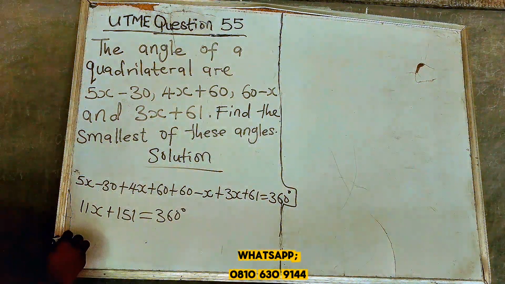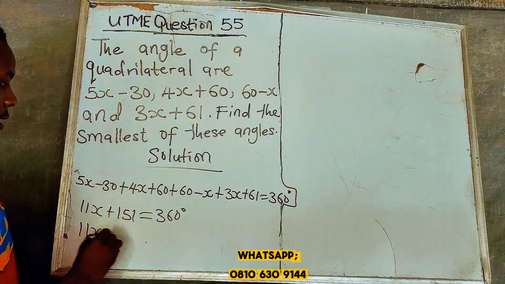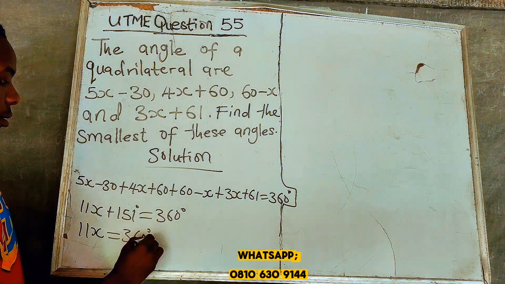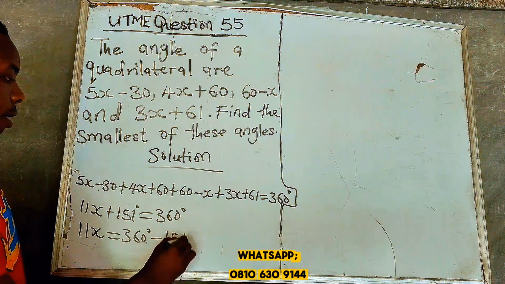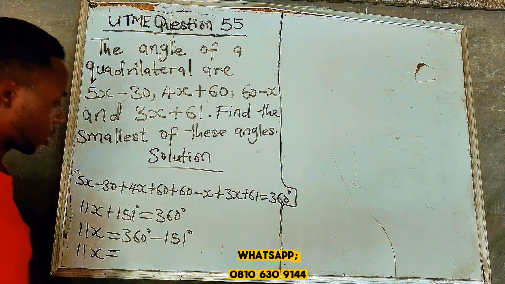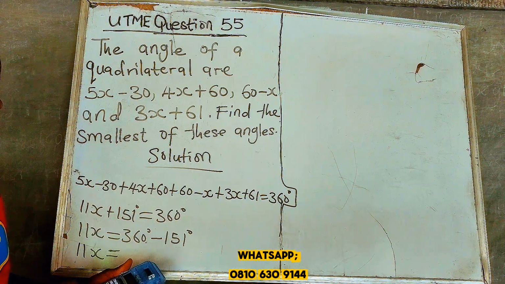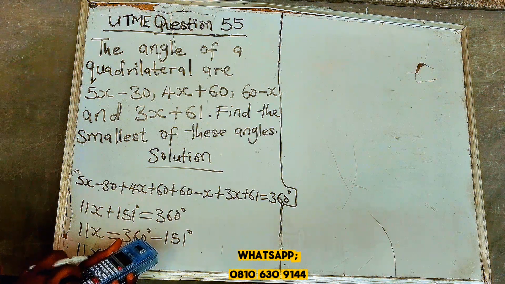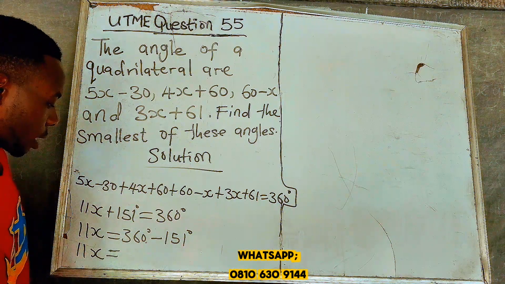And 151 will come to this side, which makes it 11x equal to 360 degrees minus 151 degrees. So 11x will be equal to 360 minus 151, which gives me 209.